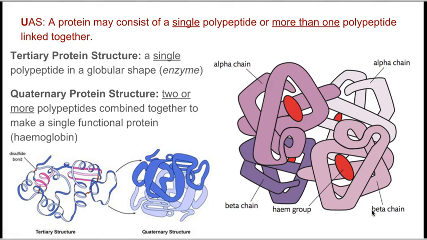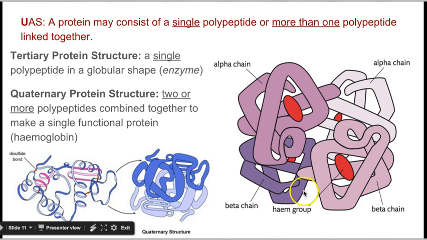And our example in the book is hemoglobin, a very important molecule in our blood, which basically helps to transport oxygen. So we can see here 1, 2, 3, 4 different polypeptides joined together, and we also have these heme groups in here which contain iron, and this is the place where oxygen actually attaches to the molecule. But this is considered one protein.